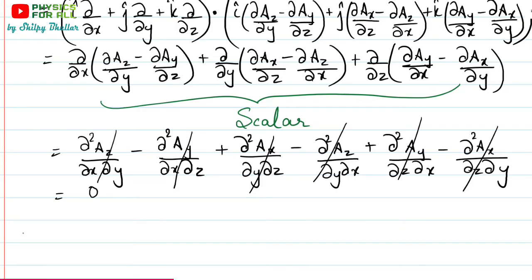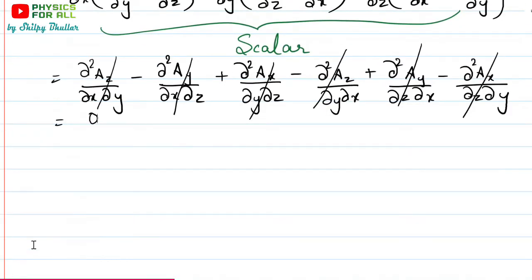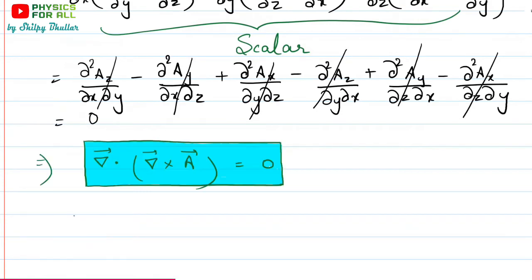So ultimately the answer is that divergence of a curl is 0. If we try to understand this in a physical sense, if something is rotating, then you cannot expect it to diverge or to spread.